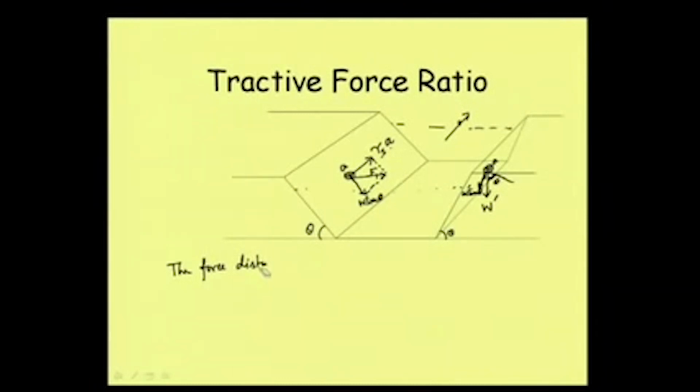Well, the disturbing force F1 is equal to root over tau s square A square plus W dash square sin square theta. So that is our disturbing force, and I am writing this as F1.